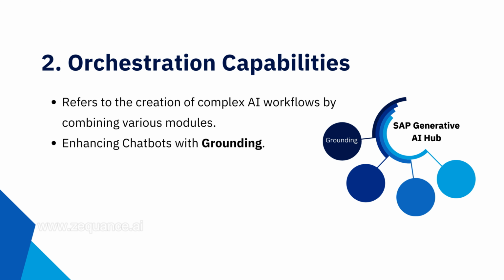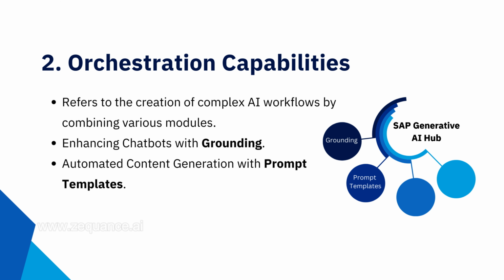This ensures that answers provided by the chatbot are not only based on general knowledge, but are also accurate and relevant to the specific business context. For example, a customer might ask about the warranty of a product. The grounding module can retrieve the correct warranty information from the company's document repository and include it in the chatbot response.